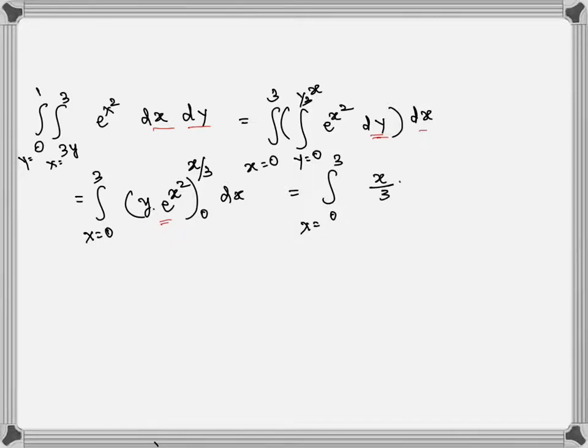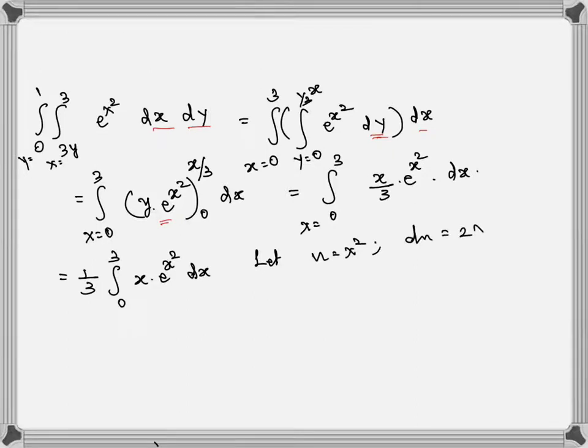So it is the integral from 0 through 3 of x over 3 times e to the x squared, and the lower limit gives 0. 1/3 can be pulled out: 1/3 times the integral from 0 through 3 of x e to the x squared dx, and this can be easily done by the u-substitution method. Let u be equal to x squared, so du is 2x dx. We also change the limits from x to u. When x equal to 0, u is 0 as well.